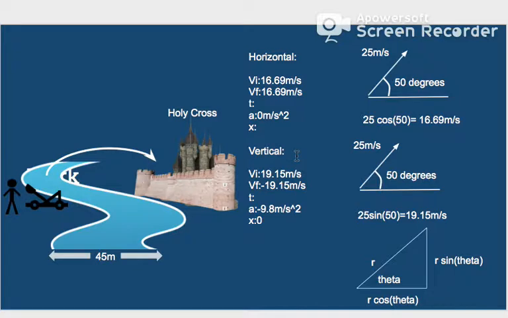Now, with the vertical component, we have the rock traveling up vertically at 19.15 meters per second. So this rock will be traveling up continuously, but it will be slowing down at 9.8 meters per second squared. This is the number for our gravitational pull on the Earth.